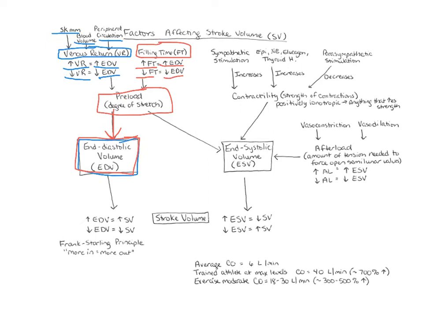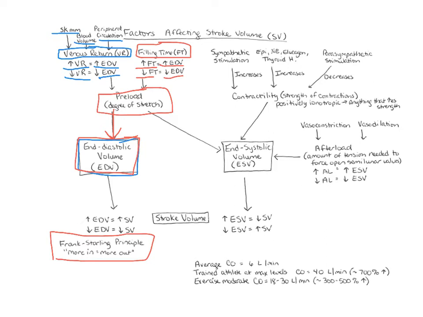So when we look at the end diastolic volume, we look at Frank Starling's principle. Frank Starling's principle says the more in, the more out. The more blood you have in your ventricles, the more blood the ventricles can push out, so the greater the stroke volume is going to be, right? Does that make sense? The more blood that's in the ventricle, the more blood you have to actually push out.